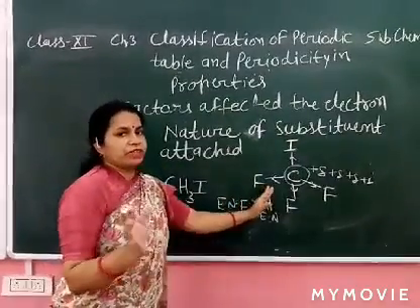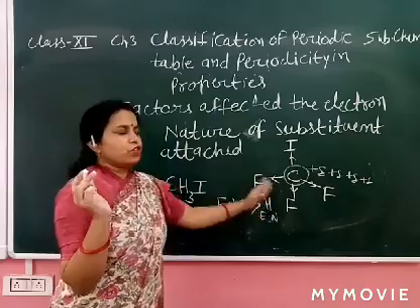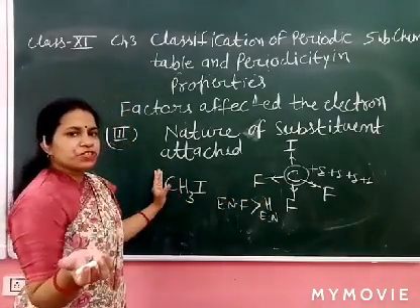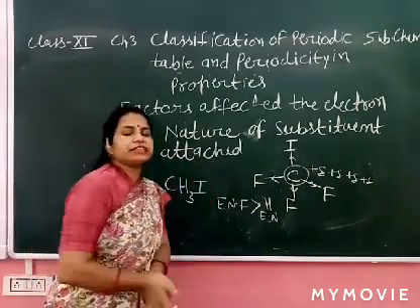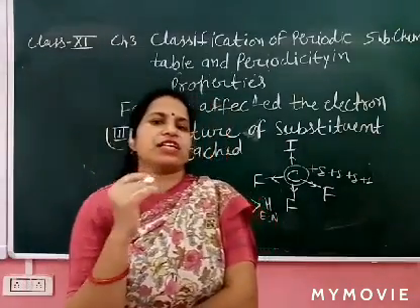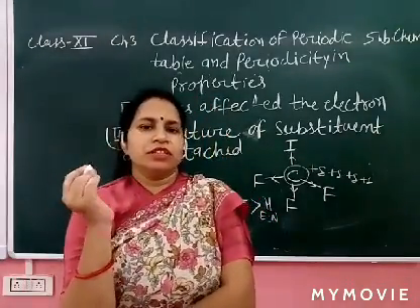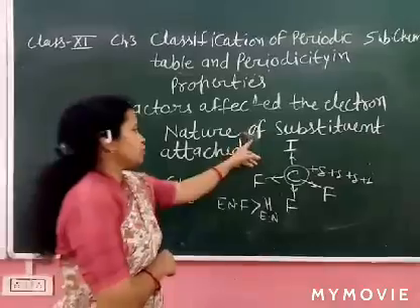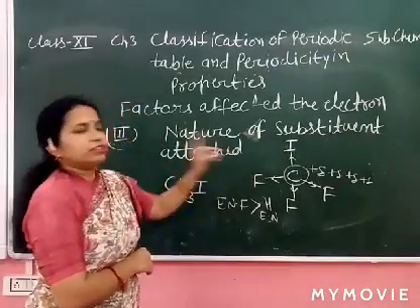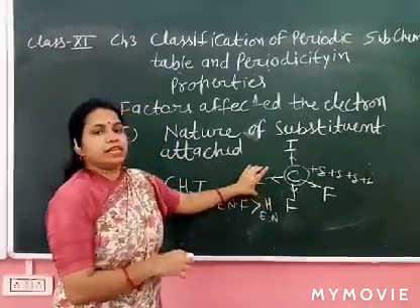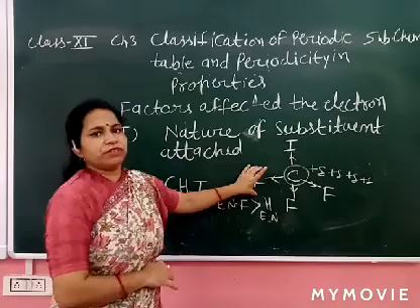The electronegativity of hydrogen is less, so carbon acquires less positive charge and attracts the electron less firmly. Less nuclear charge, less attraction. So the nature of the substituent attached to the atom affects the electronegativity.